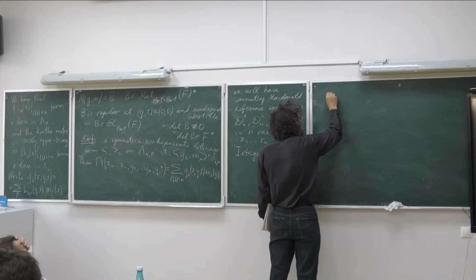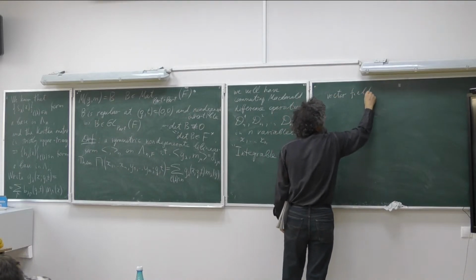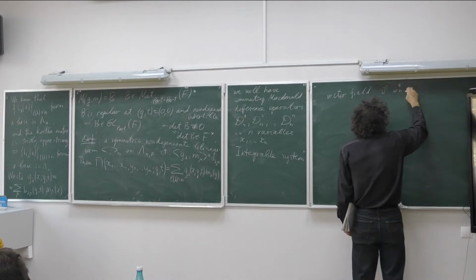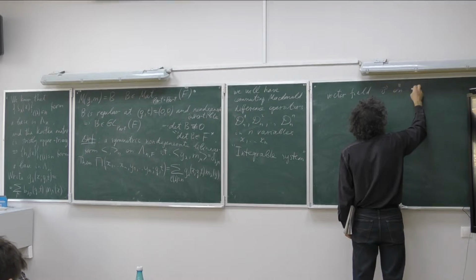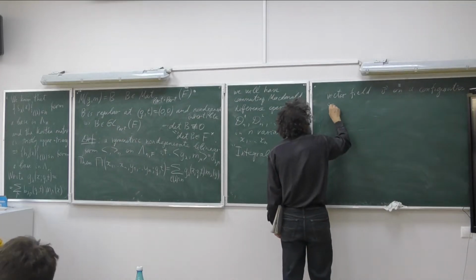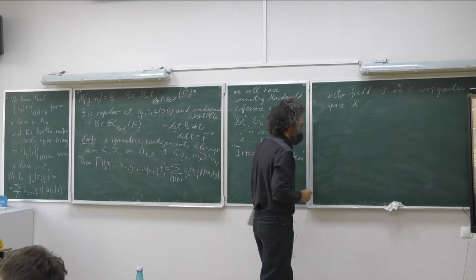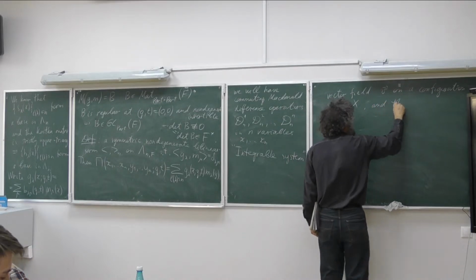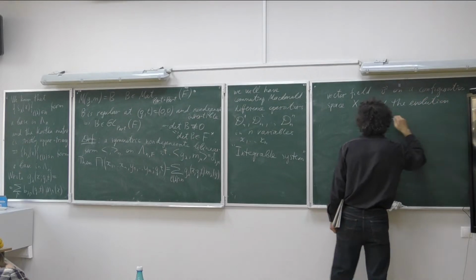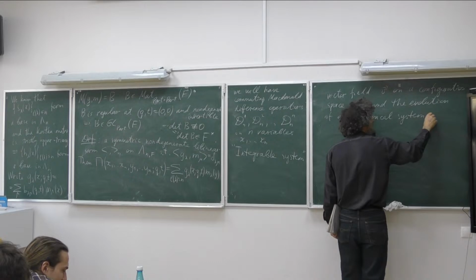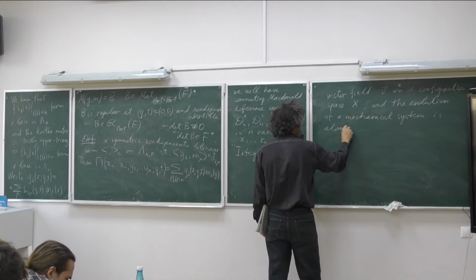So there is a vector field V on a configuration space X, and the evolution of a mechanical system is along this vector field.